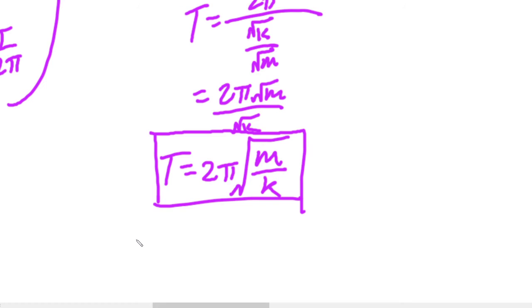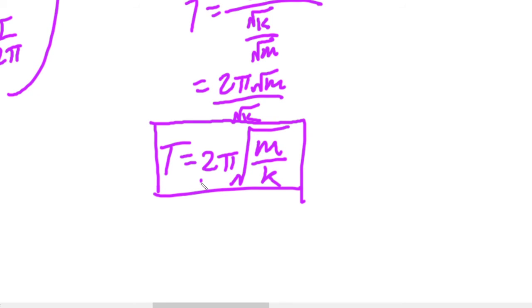If you want a way to remember this easily, you know that it's 2 pi something because it's got to do with sort of fake circular motion or simple harmonic motion. You know there's a square root somewhere that's easy to remember visually. And you can say that this m looks sort of like a spring.